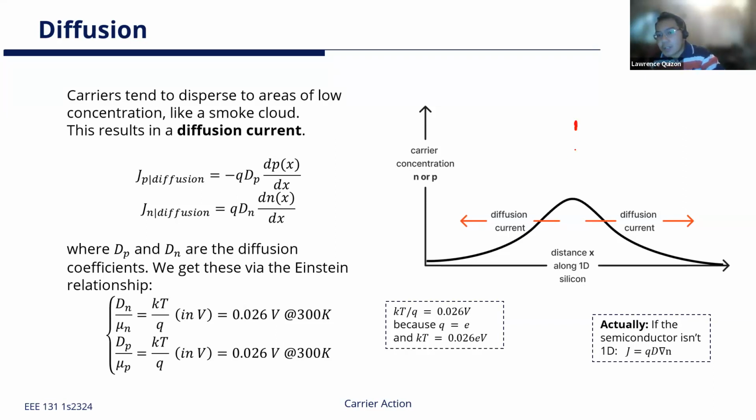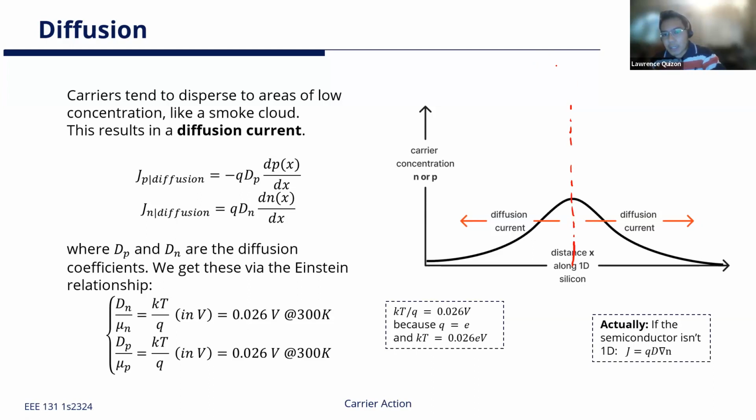If there's a lot of carriers in the middle, they will diffuse outwards. So you will have a net flow of carriers this way and this way. So what happens is, I'll split this into two.